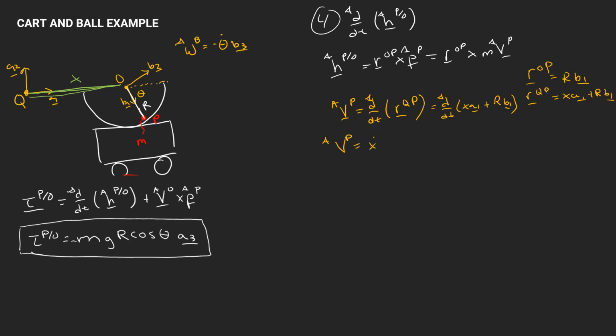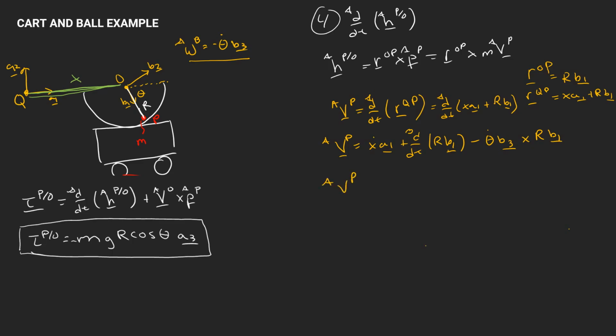So now the velocity, we can separate this out. We know that the derivative of XA1 is just X dot A1 plus, and then here we use our magic formula. So we take the time derivative in frame B of RB1 plus the angular velocity, which we said over here was negative theta dot B3, so I could just write this as a negative term, cross with RB1.